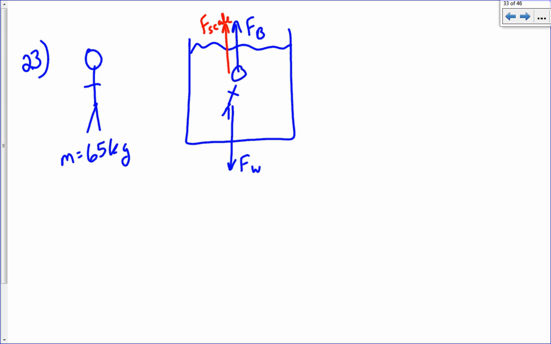That's the apparent mass, the mass that you appear to be when you're submerged in this liquid. All right? And I know that this force is going to equal 1.5 kilograms times 10 meters per second squared.